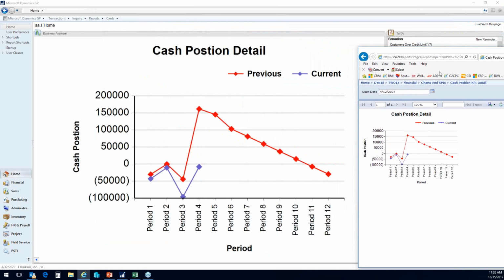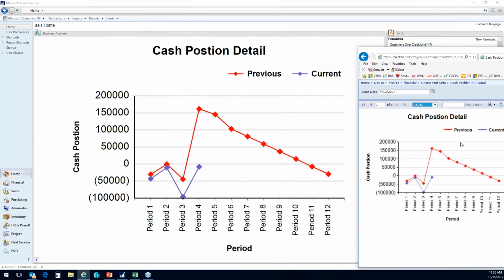So, why would I want to look at it through a browser when I can see it in GP? Well, you probably wouldn't, but you might have the boss, so to speak, that is not a GP user. They might be out traveling the countryside and carrying an iPhone or an iPad or an Android device. Well, because this runs through a browser, any browser, we can show them this level of detail or this data on their mobile device.